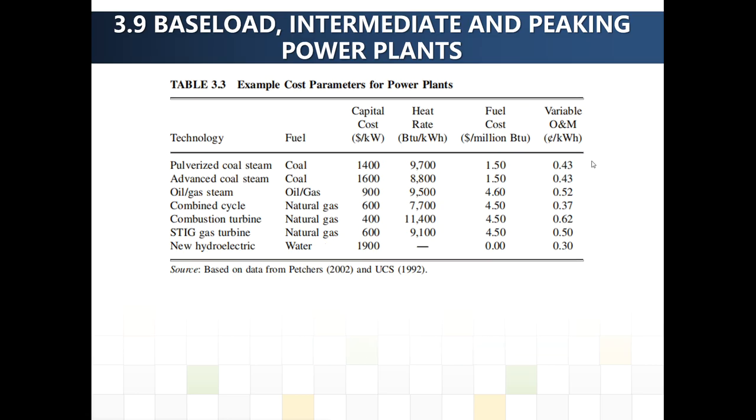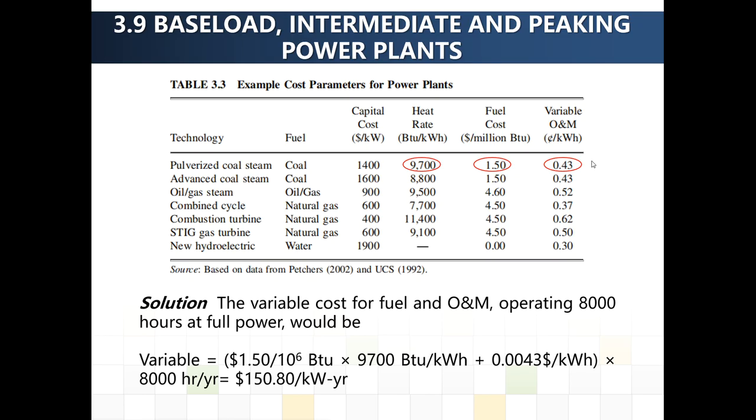Now, let's look at how to calculate the operation cost. The variable cost for the fuel and the operation and maintenance cost applies when this power plant operates 8,000 hours at full power. So the variable cost is equal to the fuel cost of $1.50 divided by 1 million BTU, multiplied by the heat rate of 9,700 BTU.